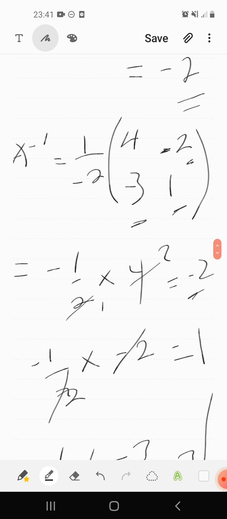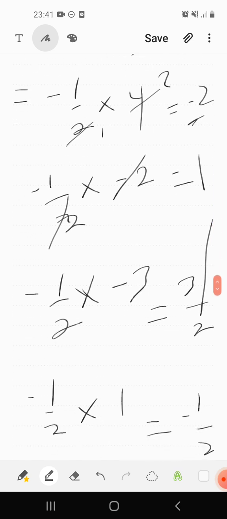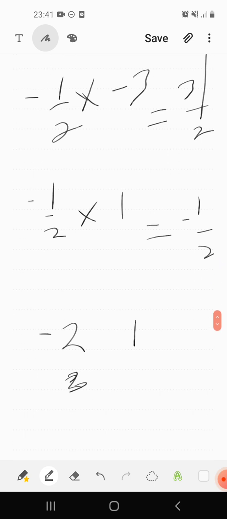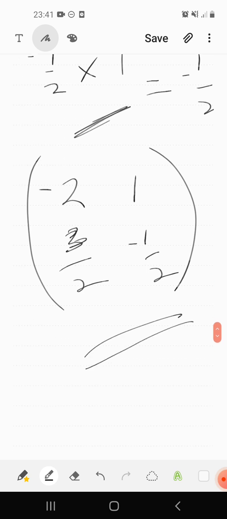Then we come to -3: when we multiplied -1 over 2 times -3, we had 3 over 2. And when we multiplied -1 over 2 times 1, we had the same -1 over 2. So at the end of the day, this is our final answer for the inverse of a matrix.